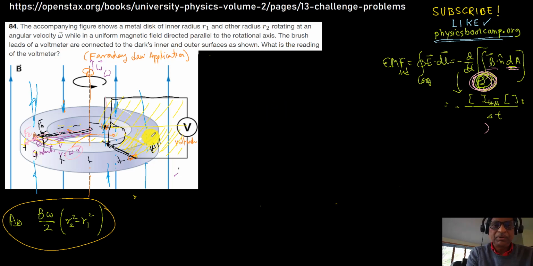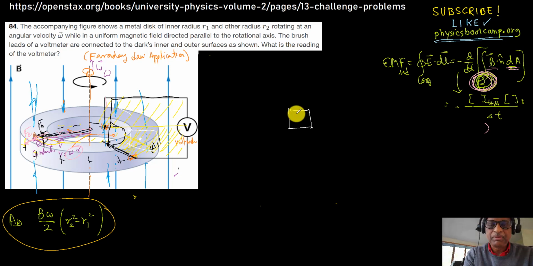let's look at one of the cross sections here. So I'm going to think of this part. So at time t, it's over here.